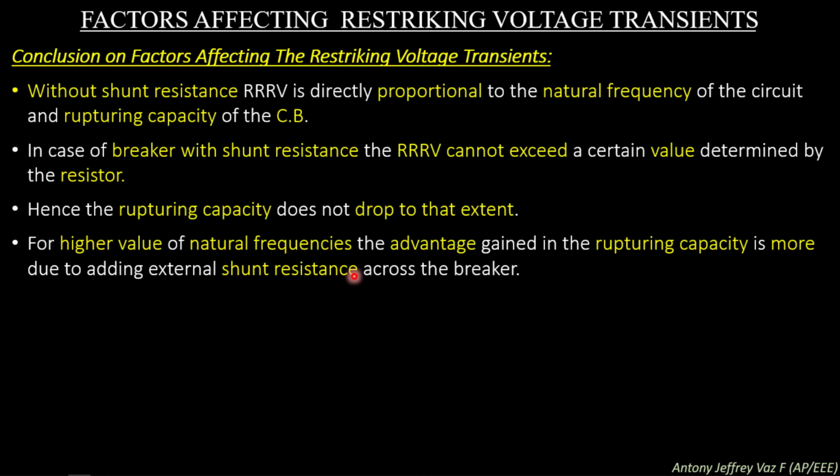It decreases the rupturing capacity, and this shunt resistance helps to provide stability in the power system, and helps to clear the fault present in the power system in a minimum amount of time.